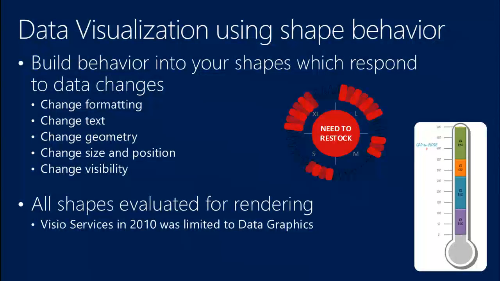Just like this thermostat here. So we've got different sections in there that are built on top of each other, and they change in height as some data property changes. So that's not data graphics. That's just some custom Visio shape that somebody made that has that behavior built into it. So that extends Visio into a lot of other areas and makes your diagrams a lot richer.